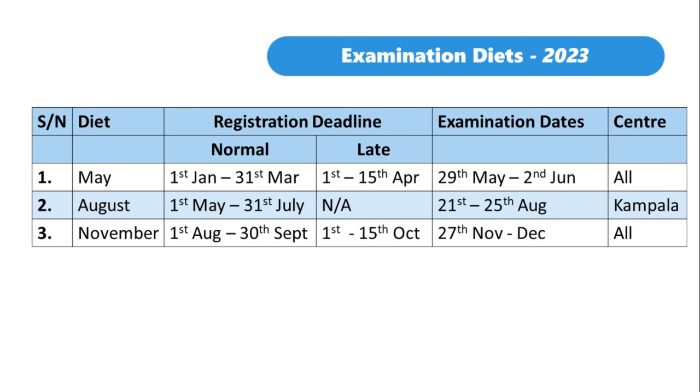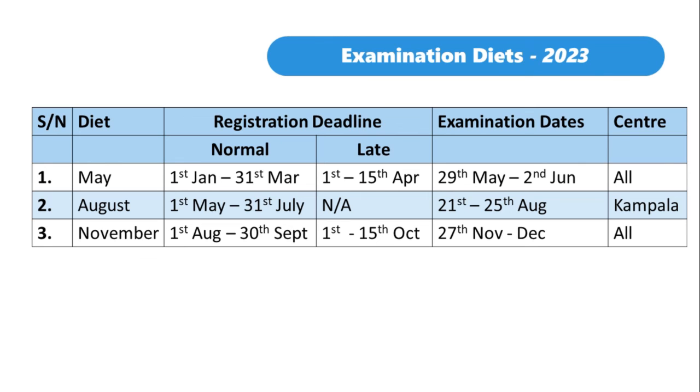So take note, those who want to do the August examination diet, there won't be any late registration. Examinations for the August diet are going to be conducted from the 21st of August to 25th of August only at the Kampala Center. So as you're programming for this year, put that in mind.